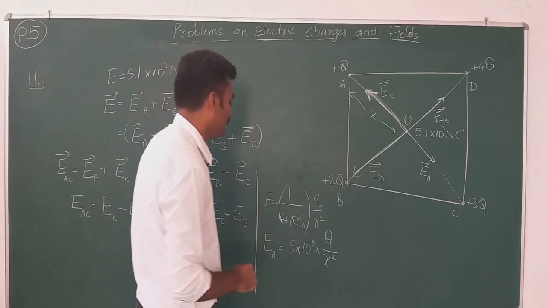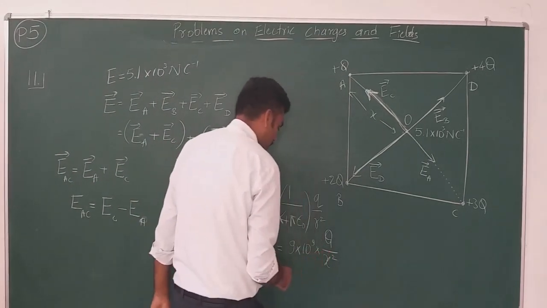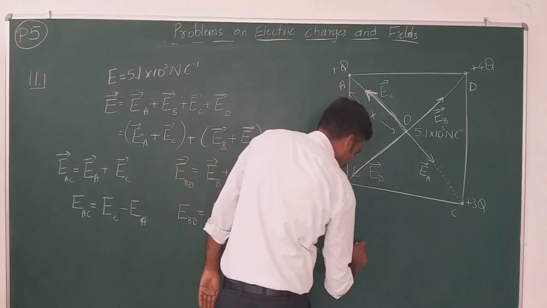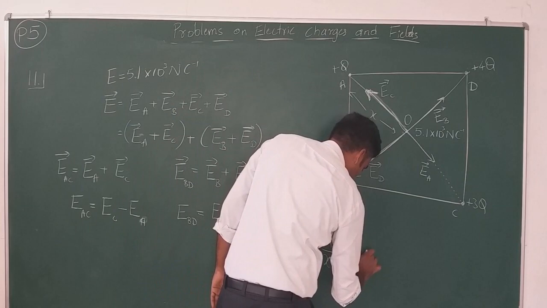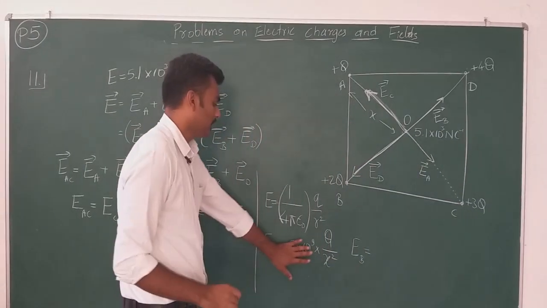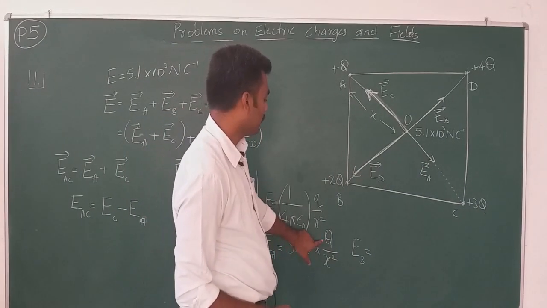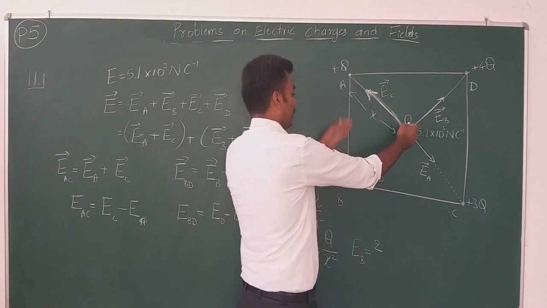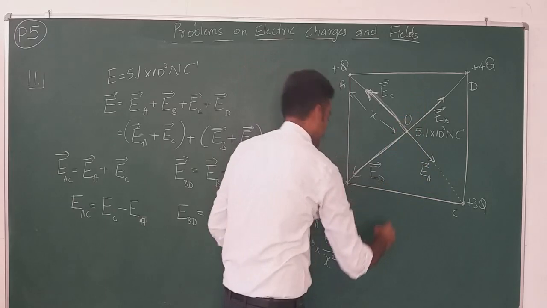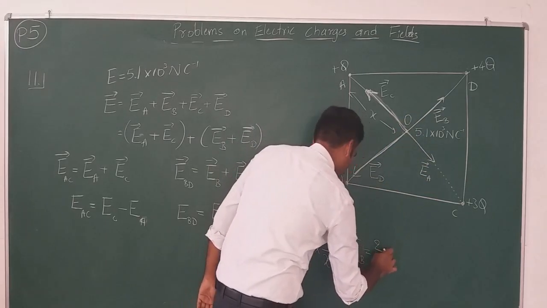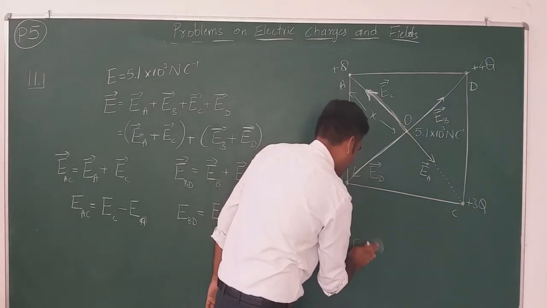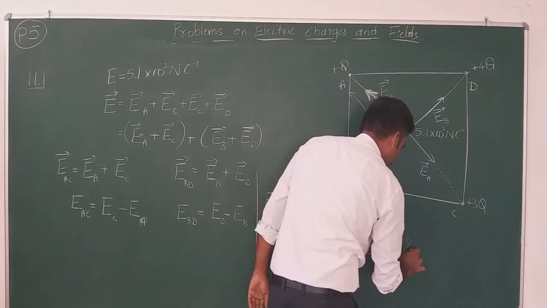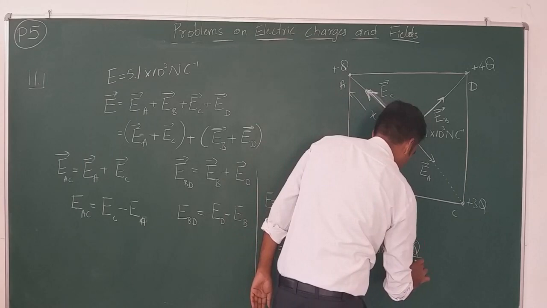Now, similarly, EB, ED and the others look like this. EB is equal to 9 into 10 to the power of 9, this value is same, instead of q it is 2q, and the distance is the same, x. So, it is 9 into 10 to the power of 9, 2q by x squared.